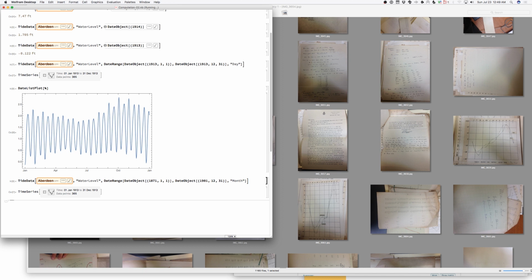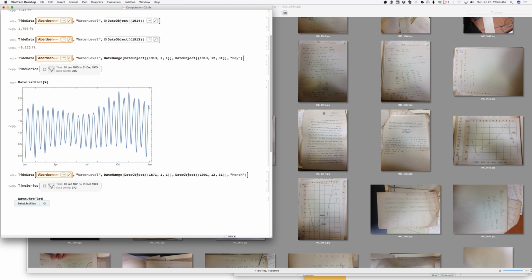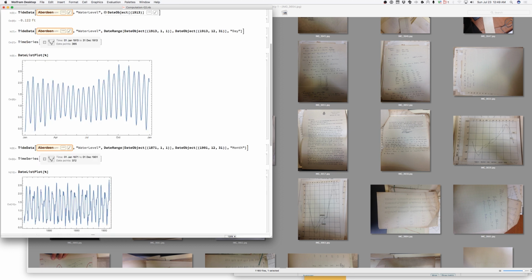Let's see what happens if we do this and see whether we can see anything useful here. Date list plot. It's kind of scratchy, but I have to say there doesn't seem to be an obvious... I mean, so this will be picking it at random times of the year, at times of the month, so to speak.